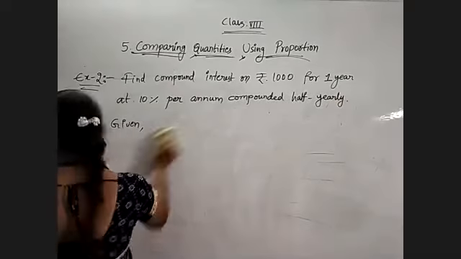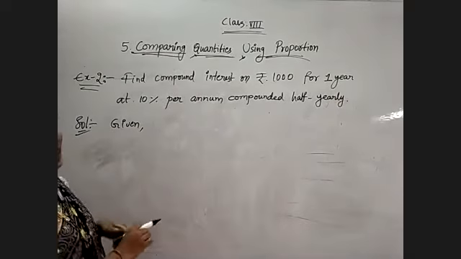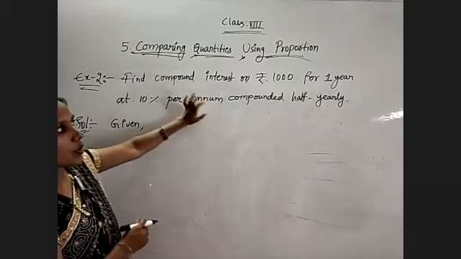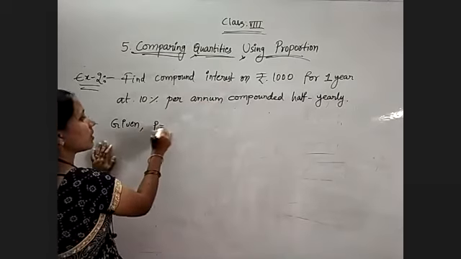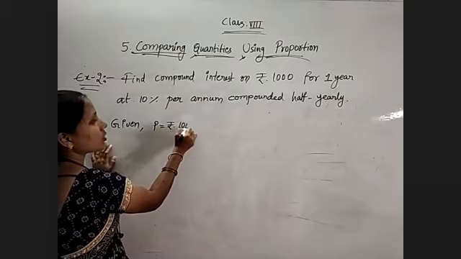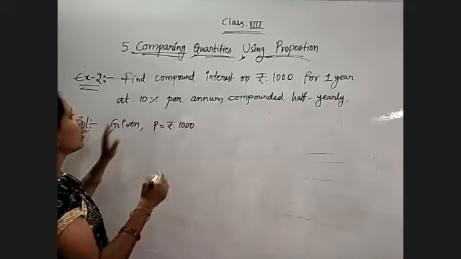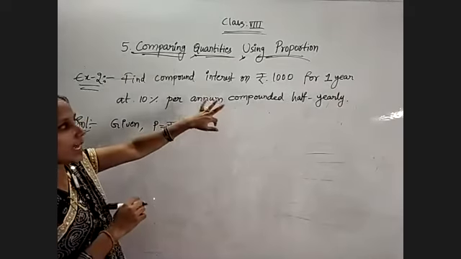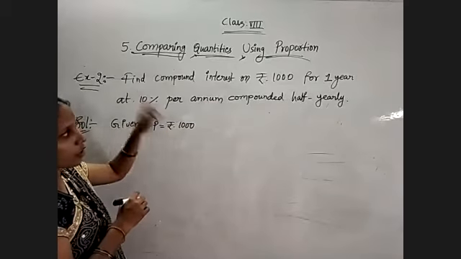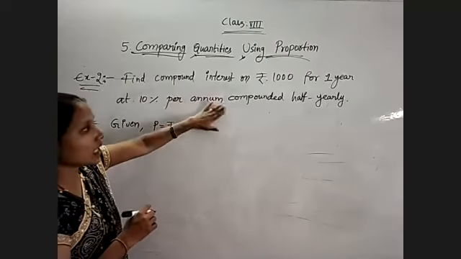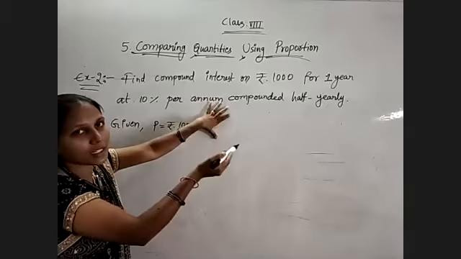So for this question, what are the given values? Identify first. Find the compound interest on 1000 rupees, which means 1000 rupees is the principal. Principal is equal to 1000 rupees. And T is equal to 1 year, and rate of interest is equal to 10% per annum. They also say that interest is compounded half yearly.